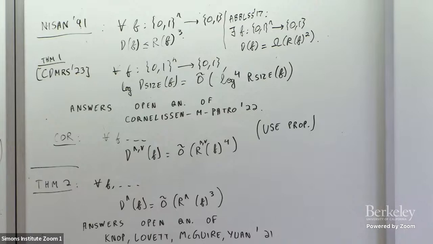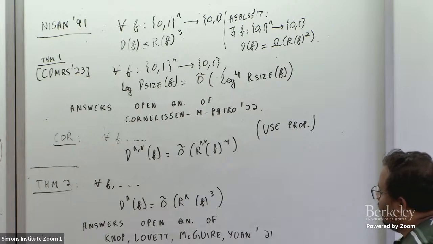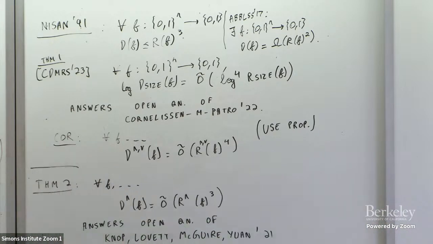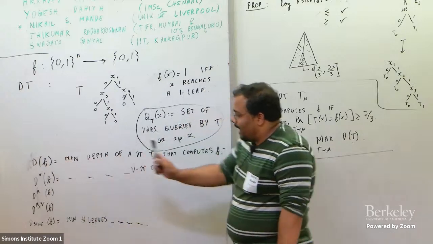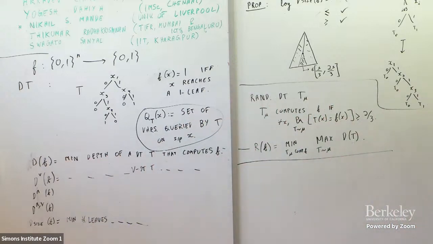Any questions at this point? So the corollary is only for depth, not size. Yes, sorry, I should have mentioned this. Good point. So except for this measure here, the size, all other measures are depth measures. Yeah. So AND decision trees, OR decision trees, AND-OR decision trees, all depth.